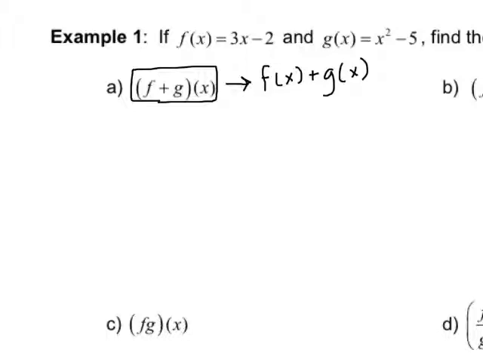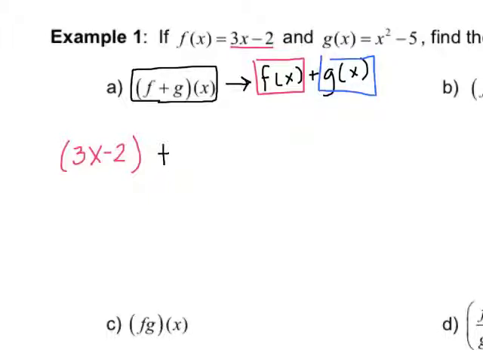And since f of x is more than one thing, I'm going to use parentheses with every single one just to make sure I do everything correctly. So f of x is 3x minus 2, and I'm going to add, so plus g of x, which is x squared minus 5.